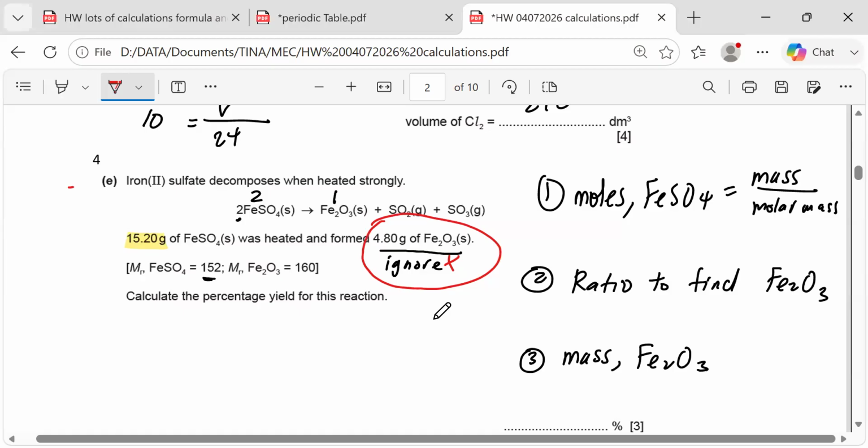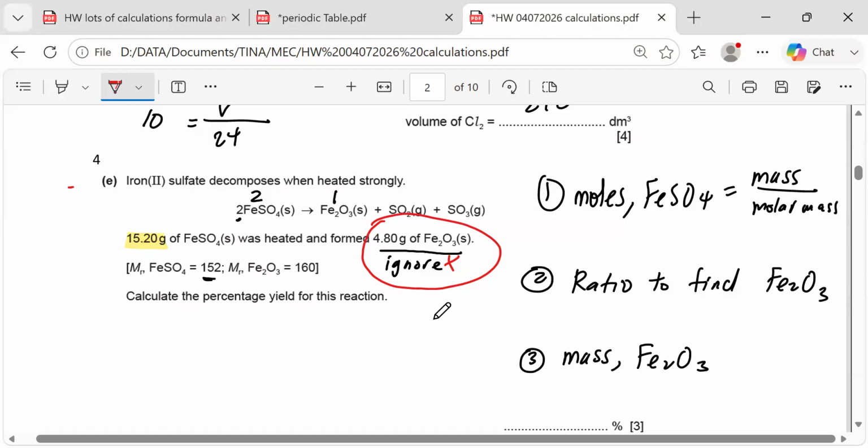What's the ratio? 0.05. 0.05 times 160. Yes, correct. Okay, don't do magic like that.